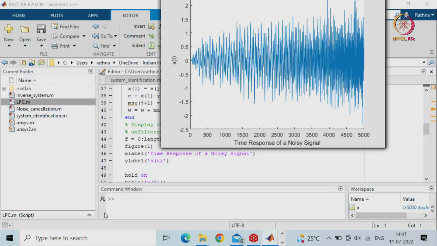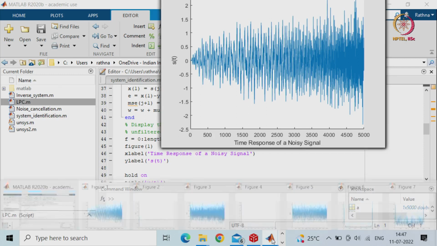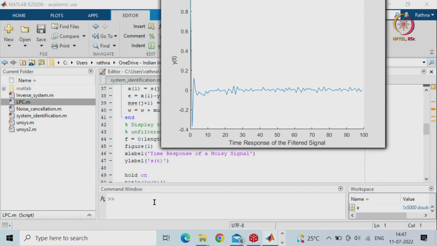You will be seeing that S of t represents our input wave in the time domain, that is the time response of the noisy signal we are considering. Figure 2 gives the filtered signal, represented as y of t in the time domain.